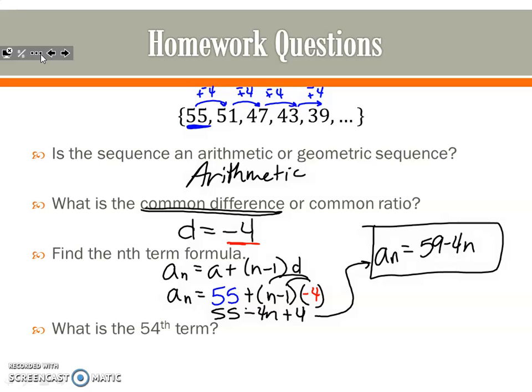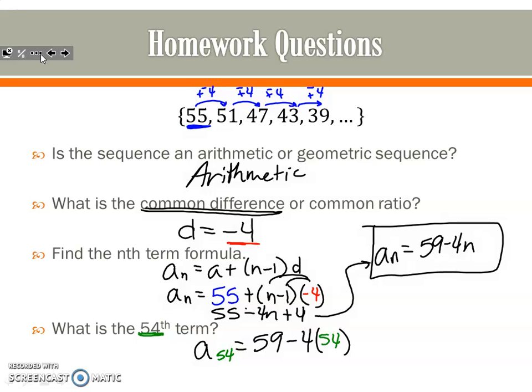It wants to know what is the 54th term. Remember, when they ask for a specific term, that would be our value. So a sub 54 equals 59 minus 4 times 54.